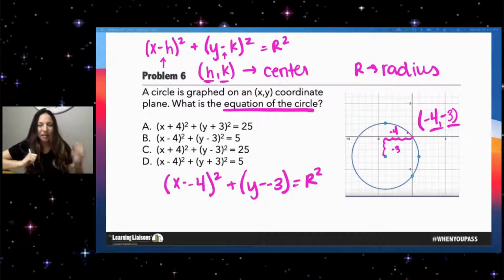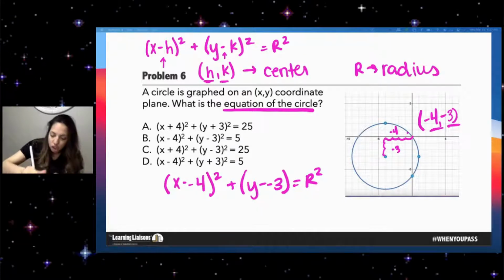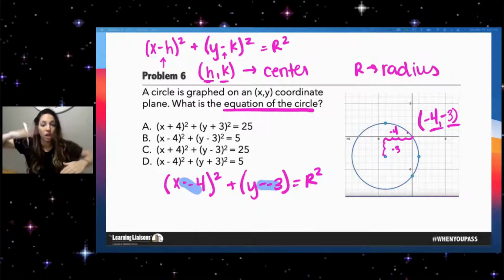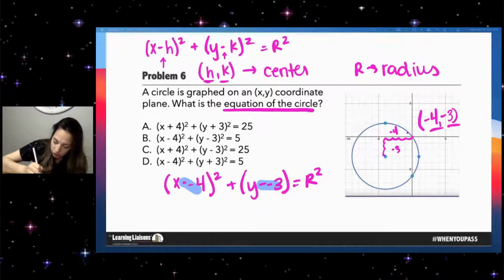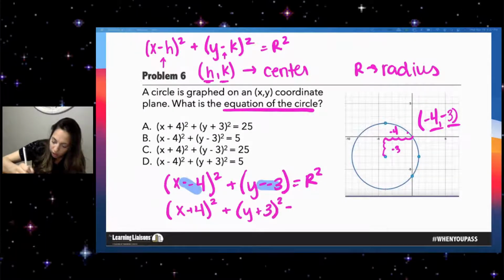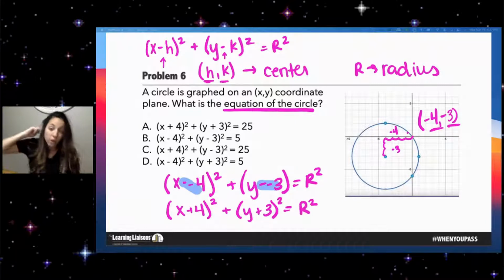We'll get to the r squared in a minute. What is a negative times a negative? A positive. So because we have two negatives sitting next to each other, they become a positive. So this actually becomes (x + 4)² + (y + 3)² = r².